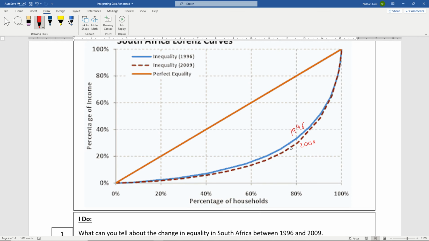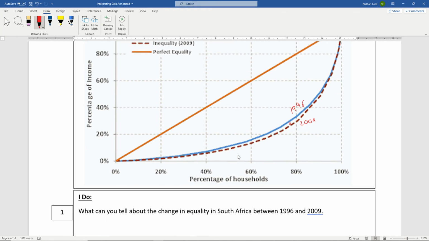The curve has gotten further away from the equal line. So that tells you that it is getting more concentrated, a higher concentration. That means the wealth is more concentrated on certain individuals, on a certain percentage of households. Or the other way to talk about it is less equal. You have a higher inequality in the income of people.